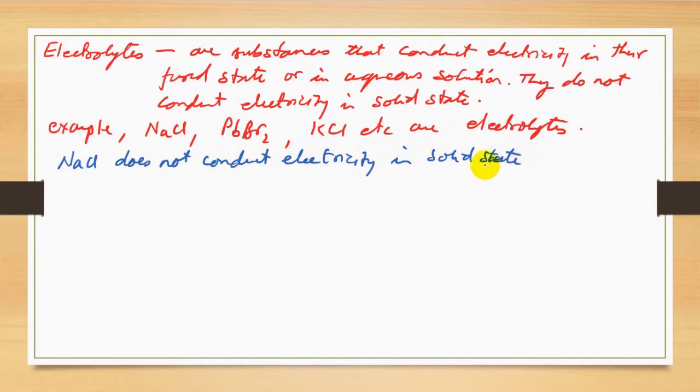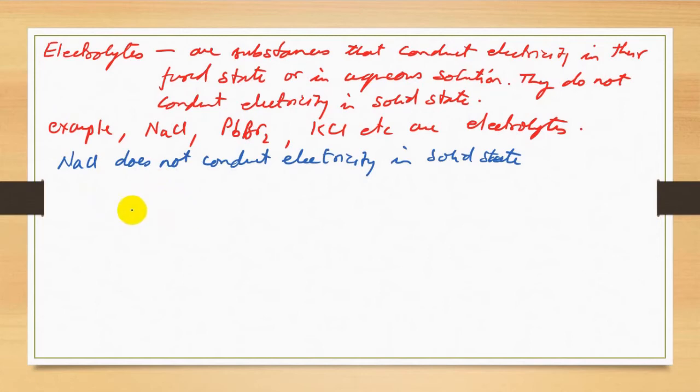What is the reason behind it? In solid state, it does not conduct. But according to the definition, in molten state it can conduct, and in aqueous solution it can conduct. So why in solid state is it not conducting? The reason behind it, you have to know it, isn't it? So I'll give you here.